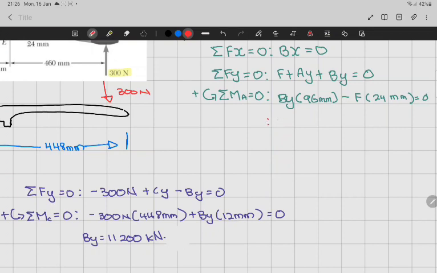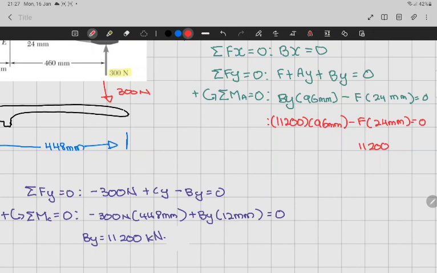By is equal to 11096 mm minus F times 24 mm is equal to 0.